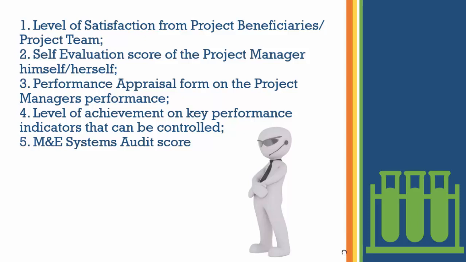Another indicator is level of achievement on key performance indicators that can be controlled. All right. So now if you're running a project, you obviously have all these indicators. There are some indicators which you can't control, but there are indicators which you can control. Take for instance, you are tasked to do trainings in a certain province or in a certain community.